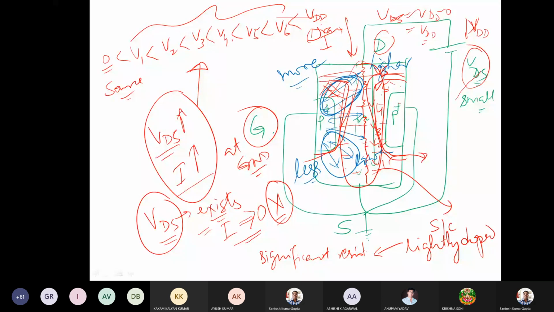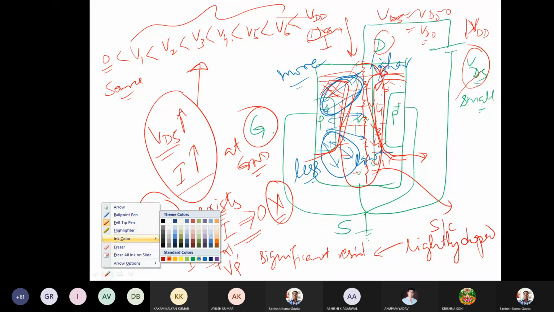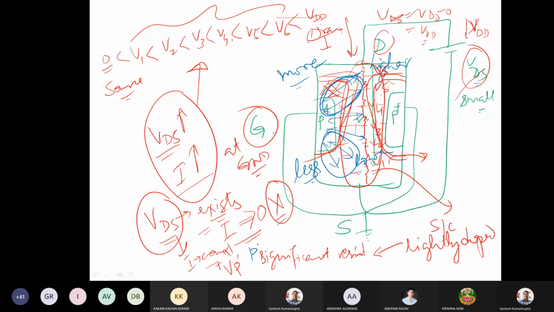That particular VDS for which the current becomes almost constant is called the pinch-off voltage, VP. In this situation, there exists a small current.